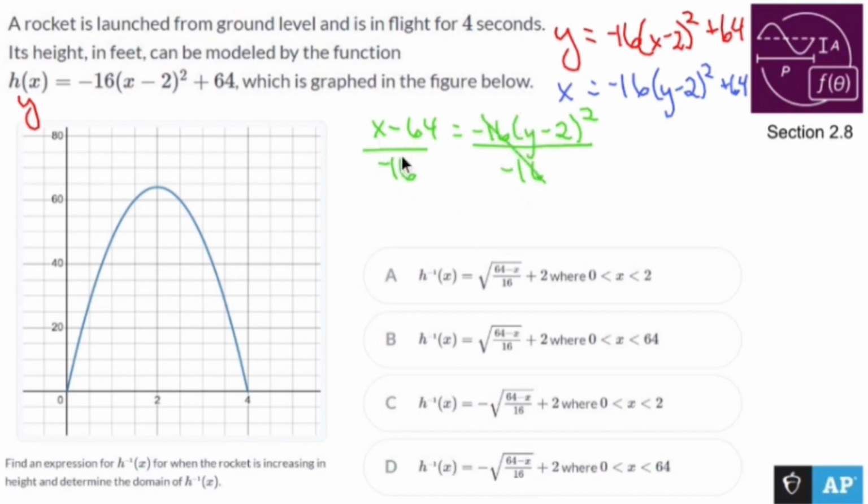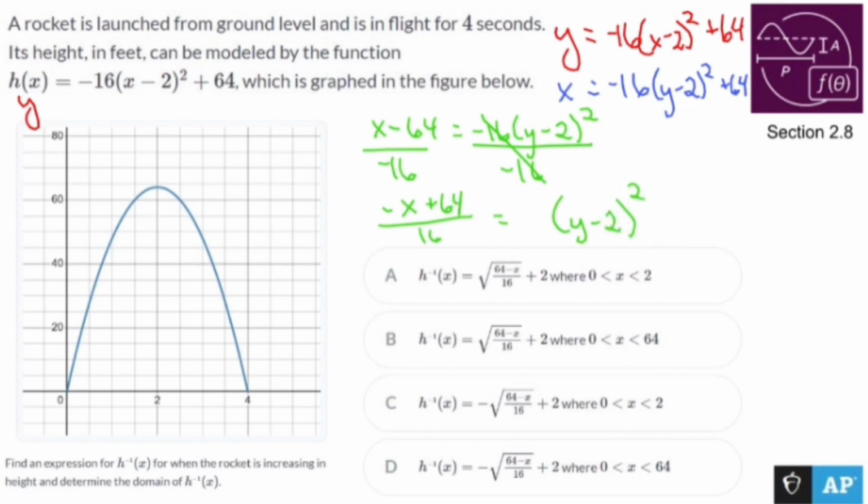I don't think you have to do that, but I don't see any negative 16s lingering down here, so I'm going to make it positive. So negative x plus 64 over positive 16, and once again, by dividing by a negative, I can flip-flop everything. That equals (y minus 2) squared.